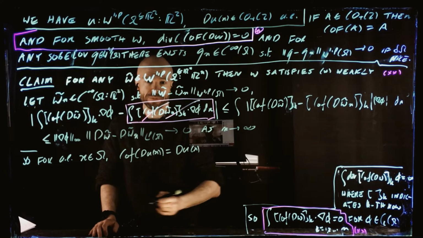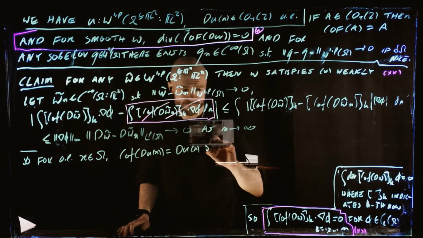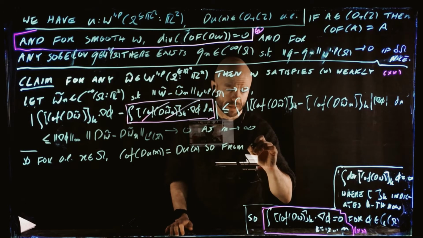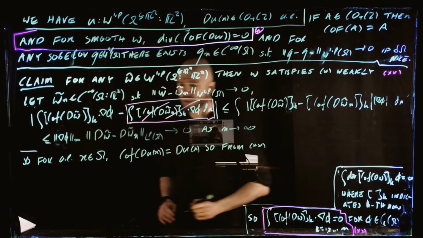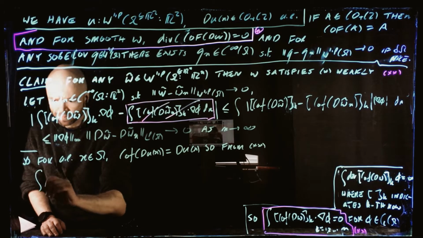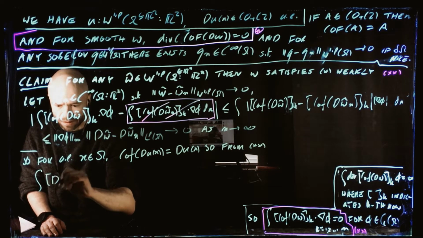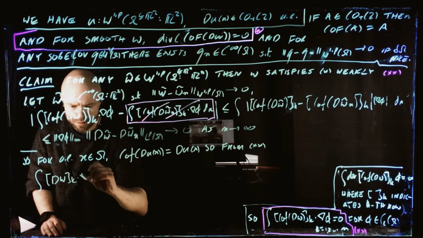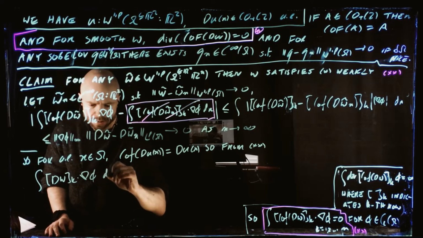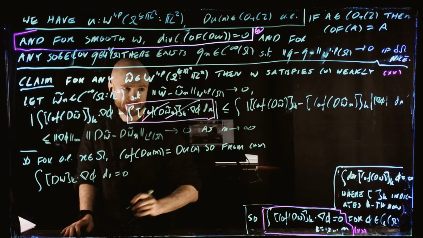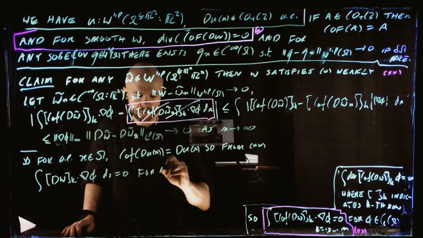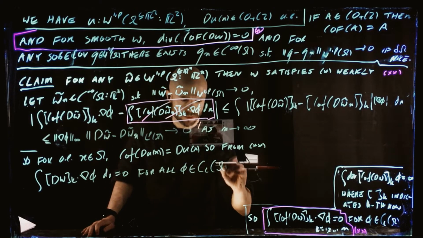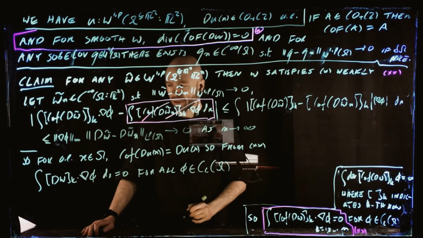So the weak form from star star: the integral of the gradient of the kth component, dot product this thing, is equal to 0 for all phi with compact support in omega.